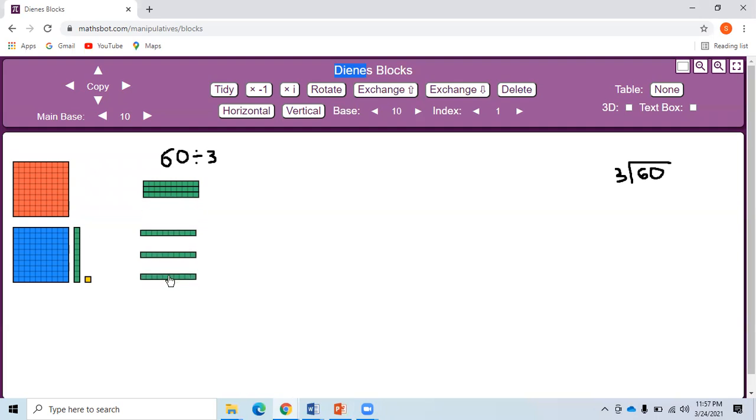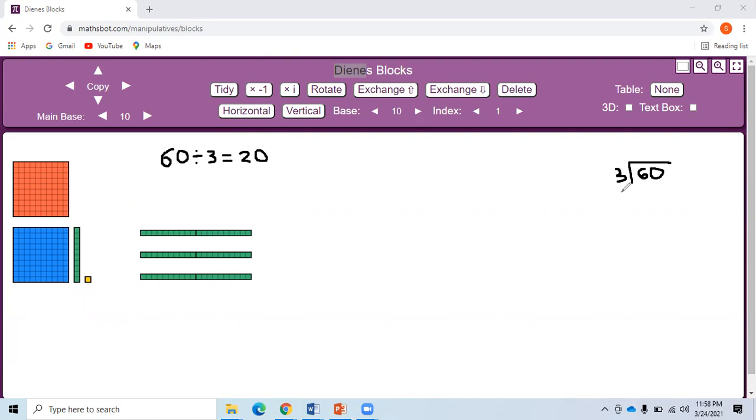So here are my 3 rows, and I can see that I can distribute another 10 to each row. So each row has 2 tens, and I could say that 60 divided by 3 is equal to 2 tens and 0 ones, or 20.